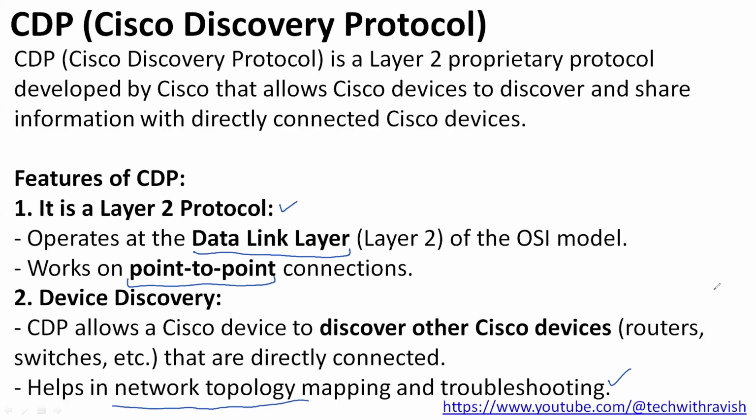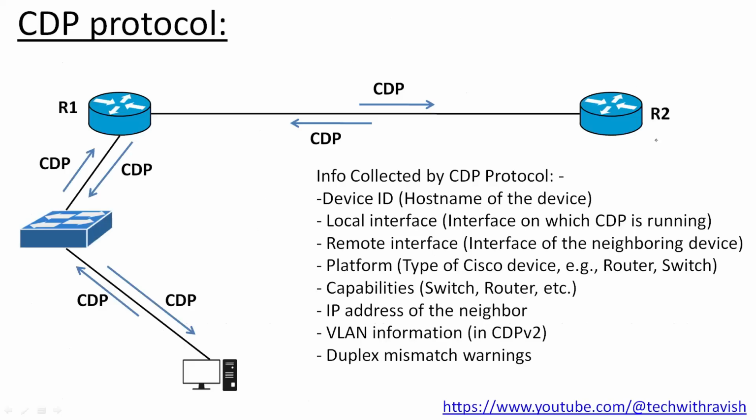Let's talk about the information collected by the CDP protocol. The packets forwarded by CDP carry multiple pieces of information: the device ID, the local interface, the remote interface, which is the interface of the neighbor device, and the platform, meaning which type of device we are using.